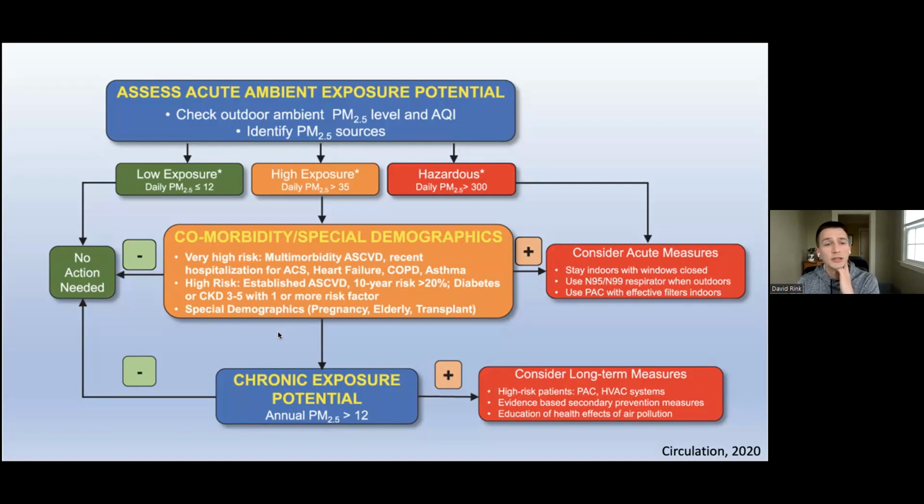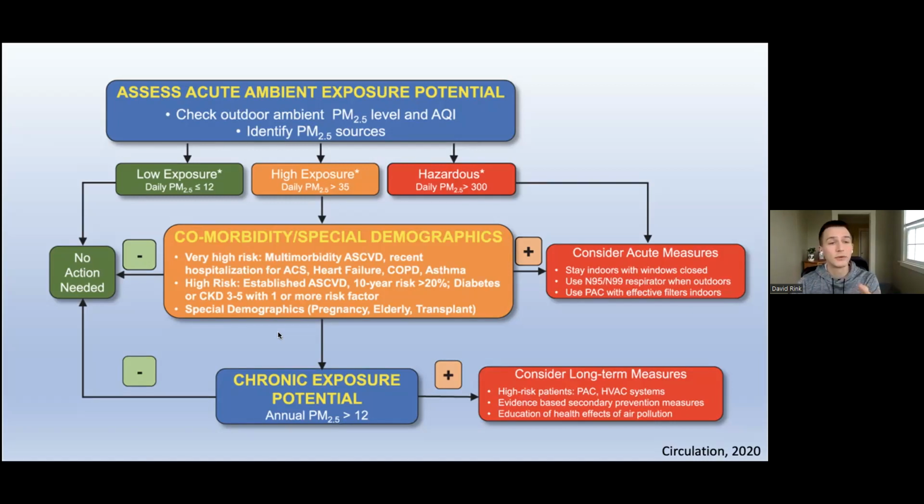Essentially, it comes down to first being aware, so checking your outdoor ambient air quality. From there, we then stratify based on level of AQI, and particularly the particulate matter less than 2.5 micrometers. If it's quite high, then we're going to tell all of our patients they should be considering acute measures to mitigate their risks, such as staying indoors or wearing respirators.